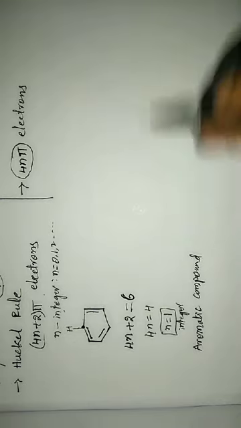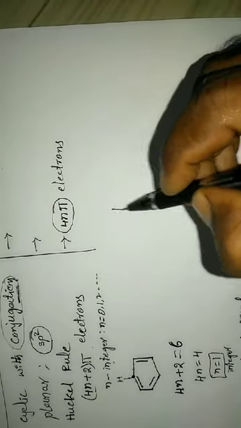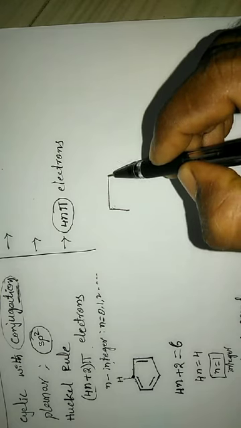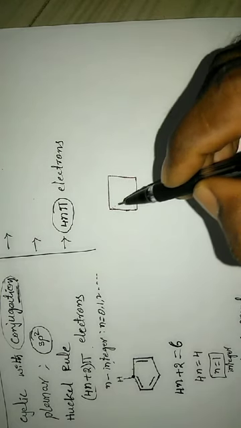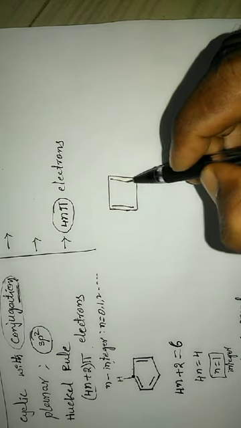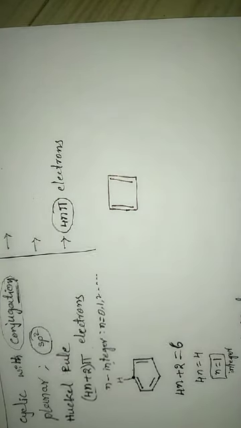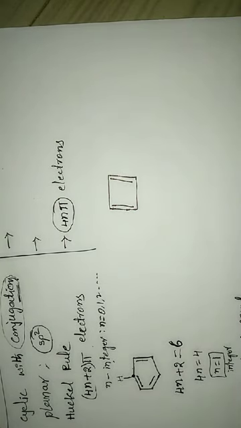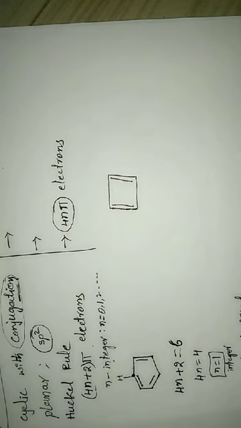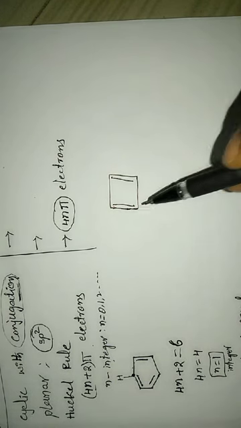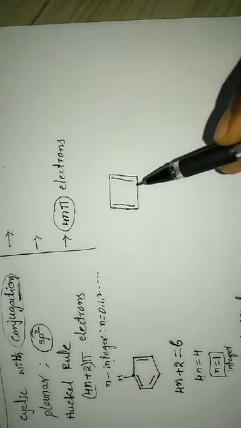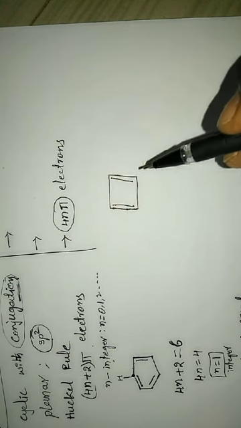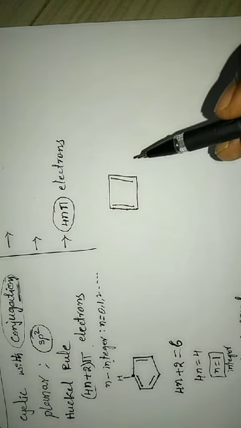Now let us see one example of an anti-aromatic compound. Can you say the name of this compound? It contains 4 carbons, so the root word is but.